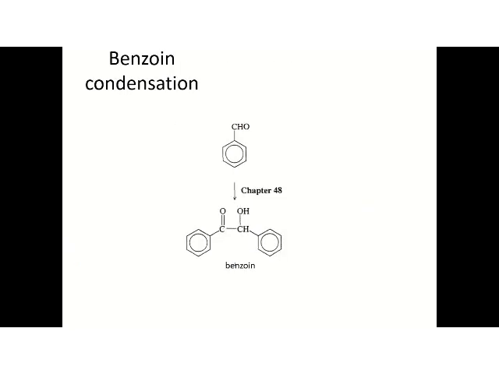This is the reaction scheme for the benzoin condensation. As you can notice, we are going to start from a one benzene skeleton. It means our molecule has only one benzene in the structure, and we are going to form a two benzene skeleton molecule.